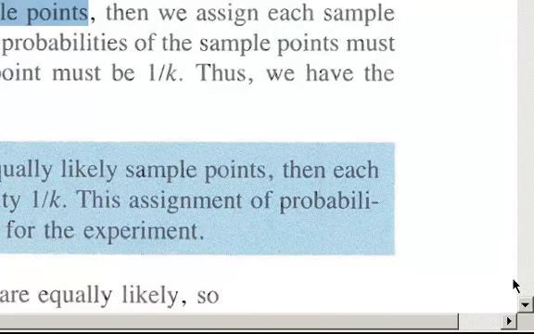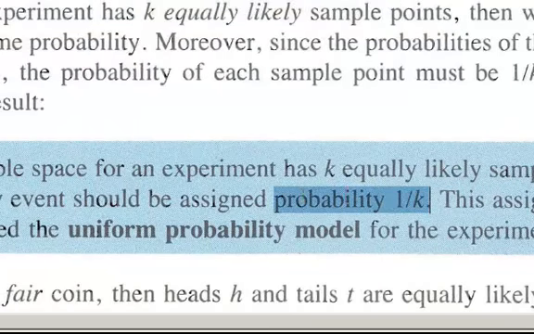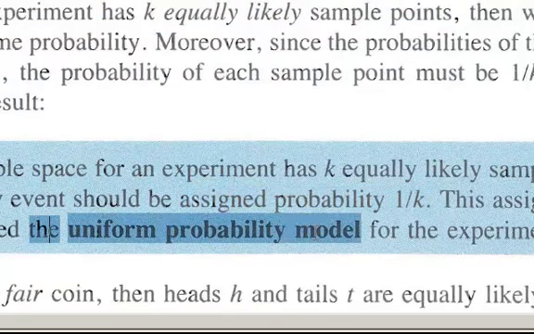If the sample space for an experiment has k equally likely sample points, then each elementary event should be assigned probability 1 over k. This is a way of assigning the probabilities, and it is called the uniform probability model.